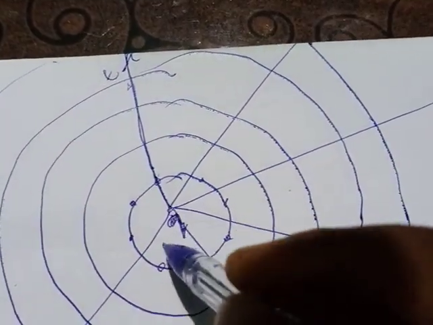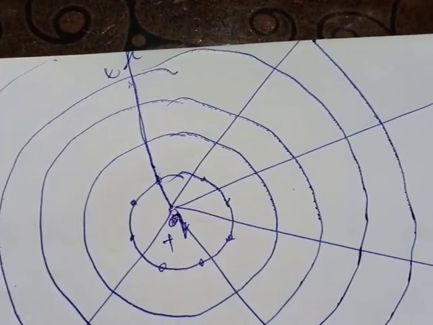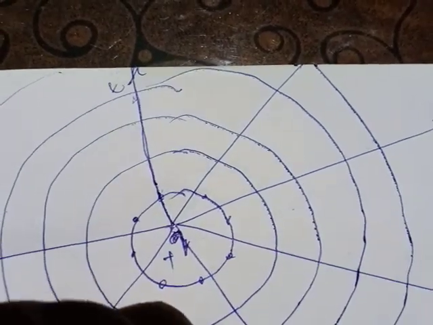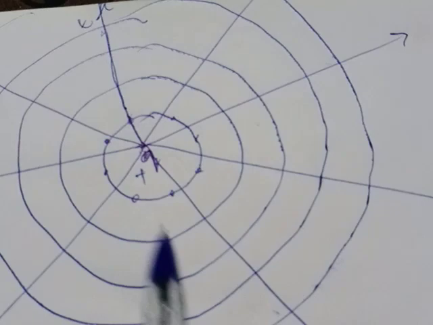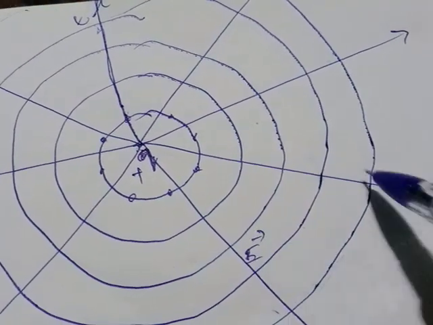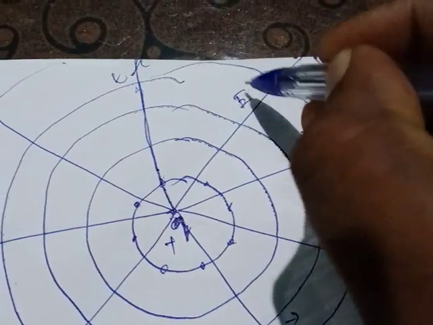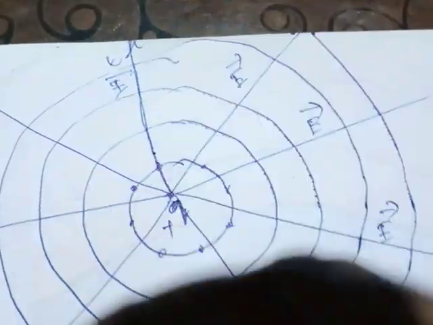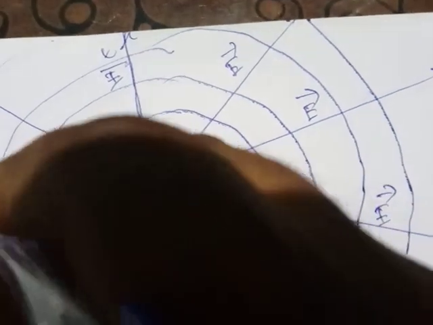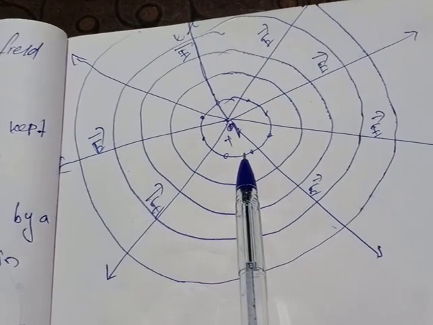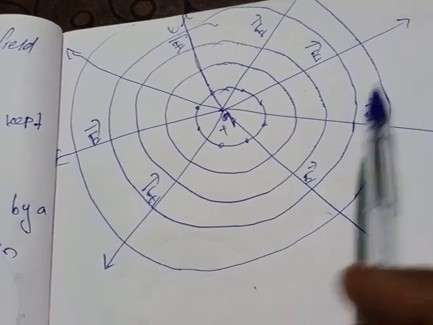This is a positive charge, so the electric field lines point outward.